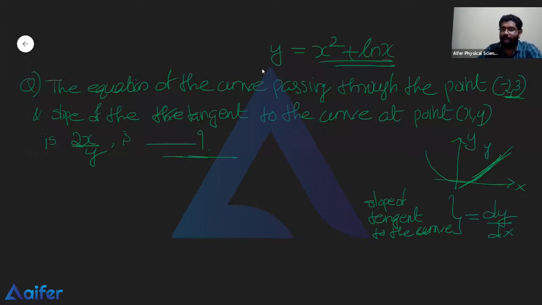So if you have y = f(x), then the slope of the tangent to the curve is given by this. What is the slope of the normal? The negative reciprocal of the slope of the tangent will be the slope of the normal. Anyway, I'll leave that.